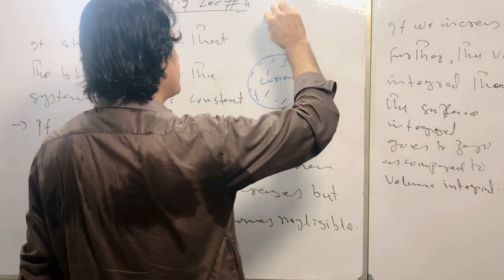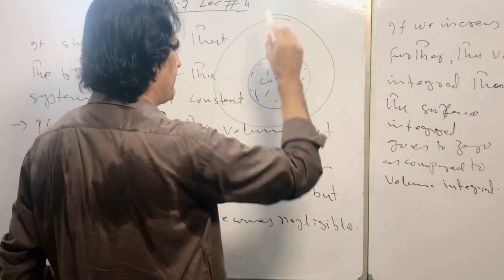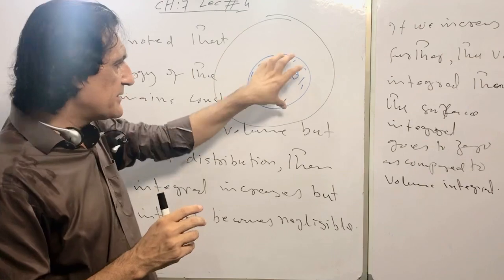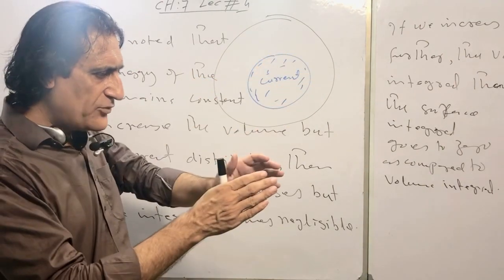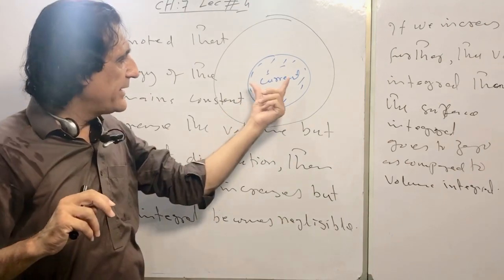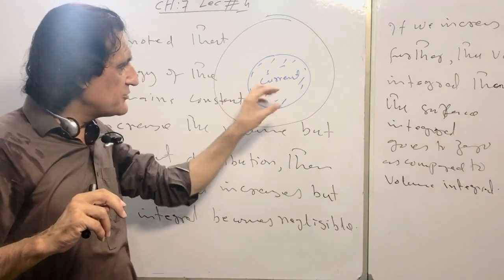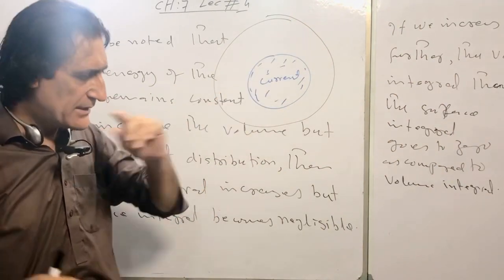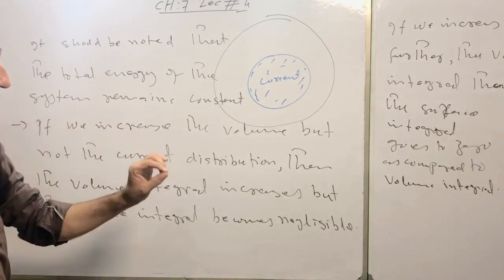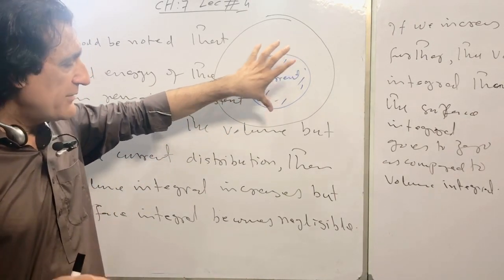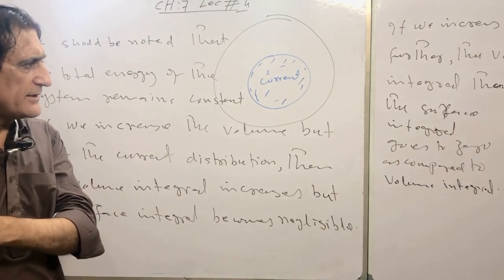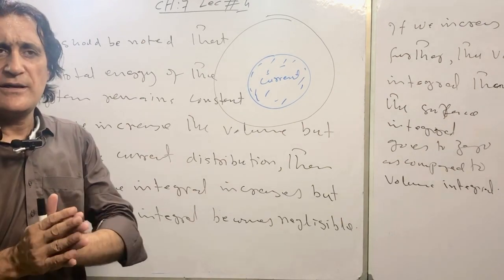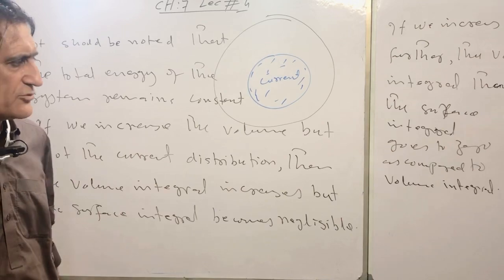If we increase the volume, this is the surface where the current is distributed. The current distribution is very small as compared to the volume distribution, so it means that the volume integral is very large as compared to the surface integral. So it is negligible as compared to the volume integral.